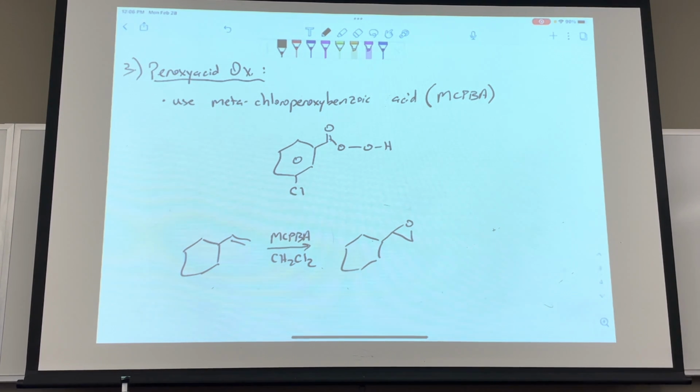And just for the record, I'm going to highlight this in red. It's that oxygen that ends up getting transferred to the epoxide. All right. Any questions on that?